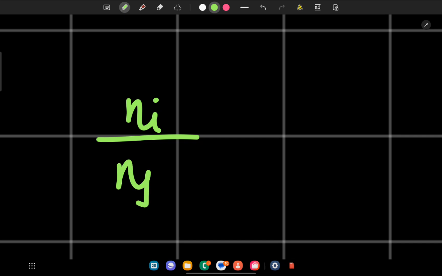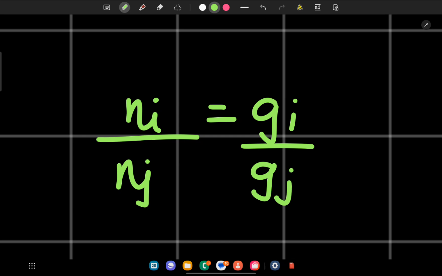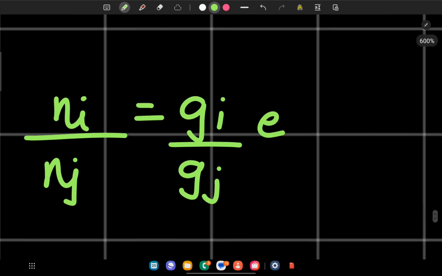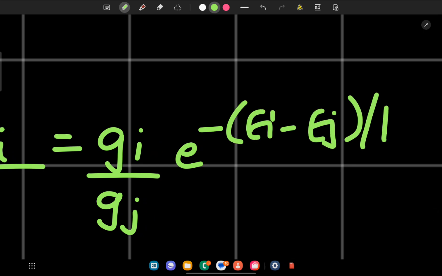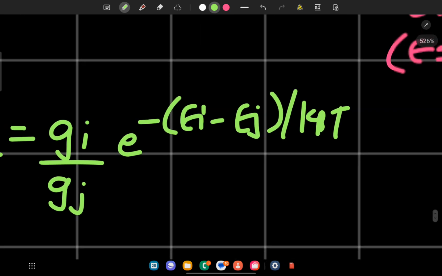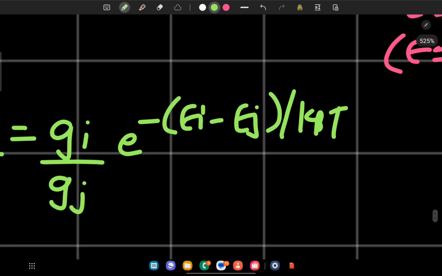The equation stands as Ni over Nj is equal to Gi by Gj into e raised to the power minus of (Ei minus Ej) by kBT. What is kB? kB is the Boltzmann constant, T is temperature.